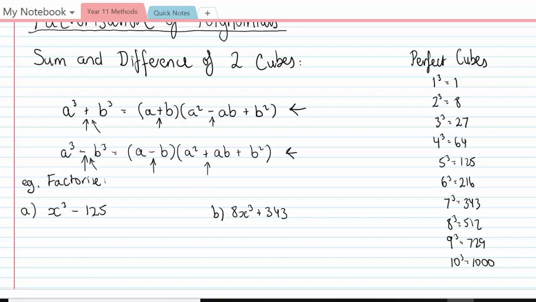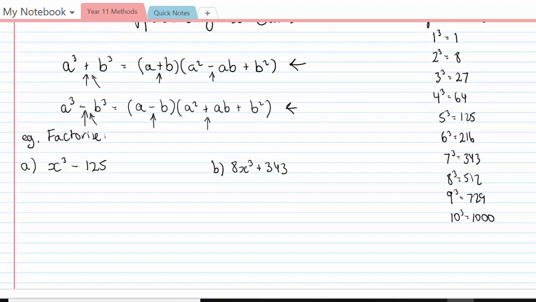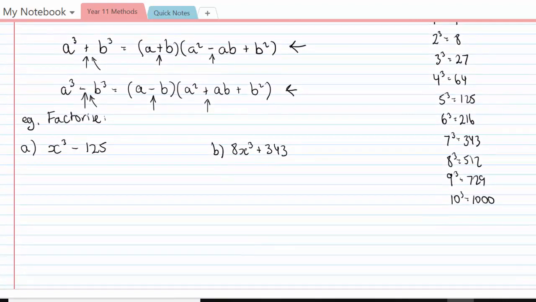Alright, so let's have a look at just factorizing these two problems quickly, and then we'll get into the proof. So x cubed minus 125. We need to recognize that 125 is 5 cubed. So this is also a difference of two cubes, so I'm going to use the rule just here. And so when I factorize this, I can see that a in this case must be x, and b in this case must be 5.